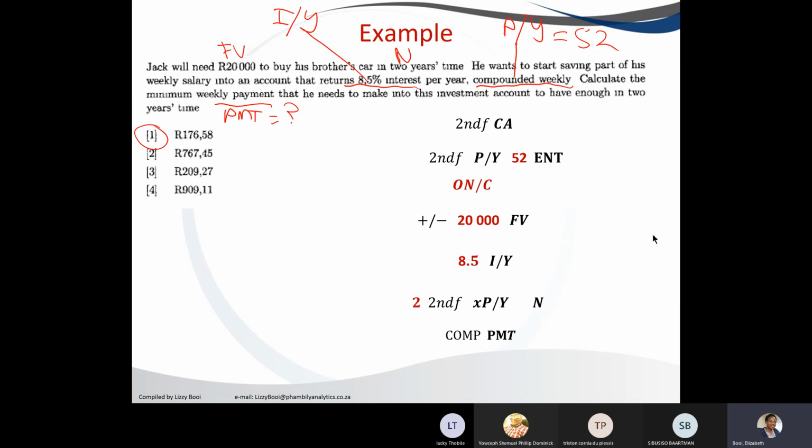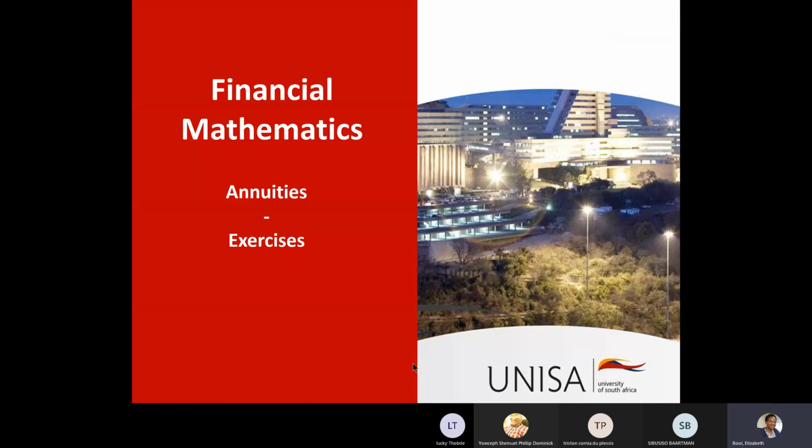I just wanted to make sure that at least you get more exposure in terms of calculating the annuities. Since on Monday next week, we're going to also be doing amortization, which also includes annuities within it. Okay, so in the absence of questions or comments, here is your first exercise.